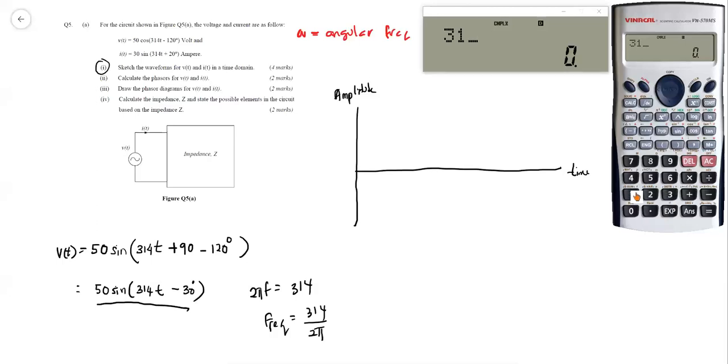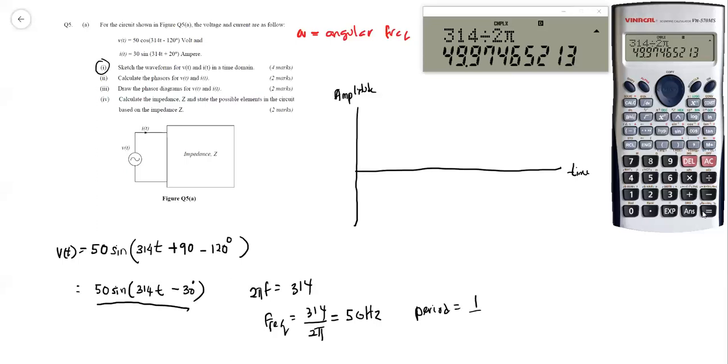So 314 over 2 pi, your frequency is actually around 50 hertz. So 50 hertz meaning that your period is 1 over frequency, which is 1 over 50 hertz, so your period is 20 millisecond.